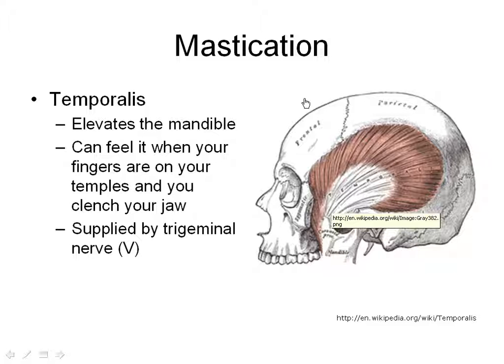Now this is a muscle of mastication, and it is supplied by a cranial nerve called the trigeminal nerve, nerve number 5. So far we've seen all the muscles of facial expression be supplied by cranial nerve number 7, the facial nerve. Our first muscle of mastication is supplied by the trigeminal nerve, cranial nerve number 5.